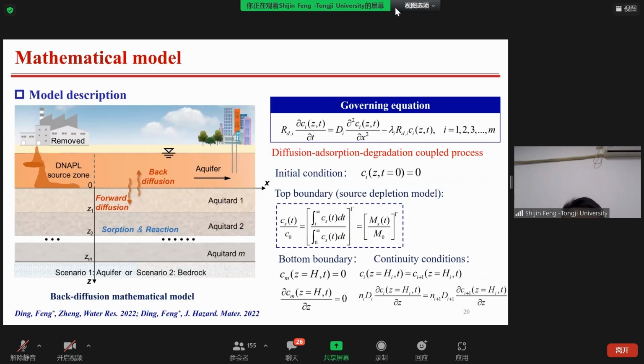This model considers the coupled forward and backward diffusion, adsorption, degradation, and migration mechanism of organic contaminants in a layered system. This model satisfies the boundary conditions as well as the interlayer continuity conditions. The top boundary should satisfy the source depletion model.